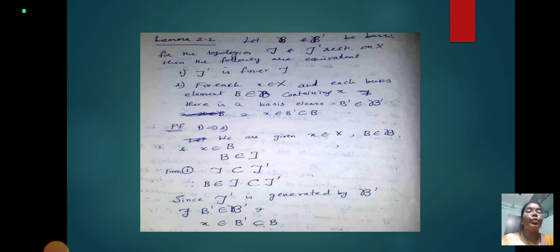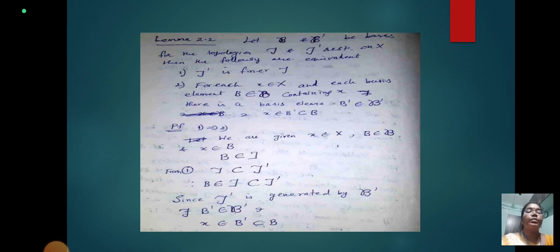We are going to prove the equivalent conditions: tau dash is finer than tau implies for each x belongs to capital X and each basis element B belongs to script B containing x, there exists a basis element B dash belongs to script B dash such that x belongs to B dash subset of B.